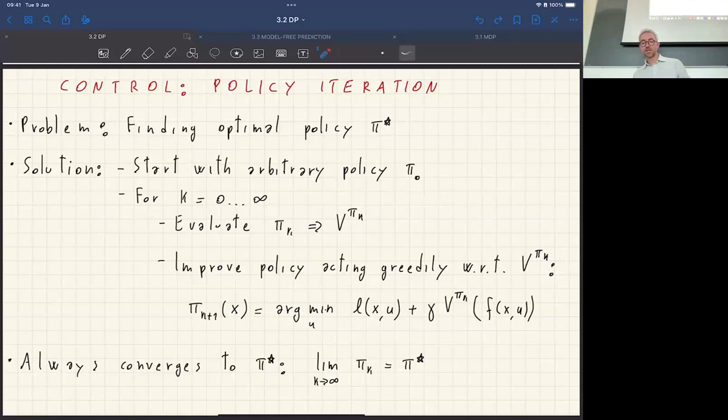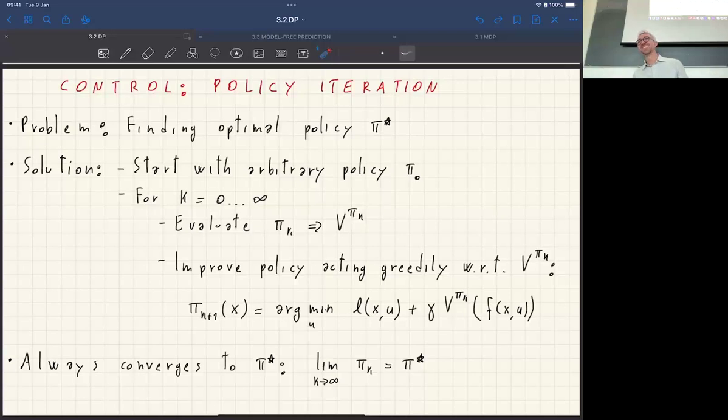That's the idea, but there is a bit of a difference. With policy evaluation, you really need to go to infinity to have convergence. Here, you don't. You converge in a finite number of steps. Why?